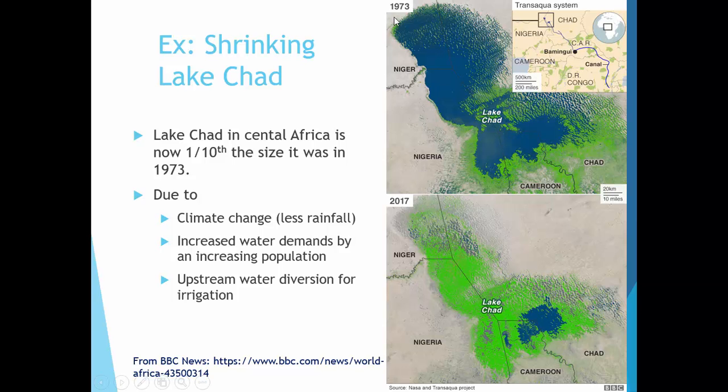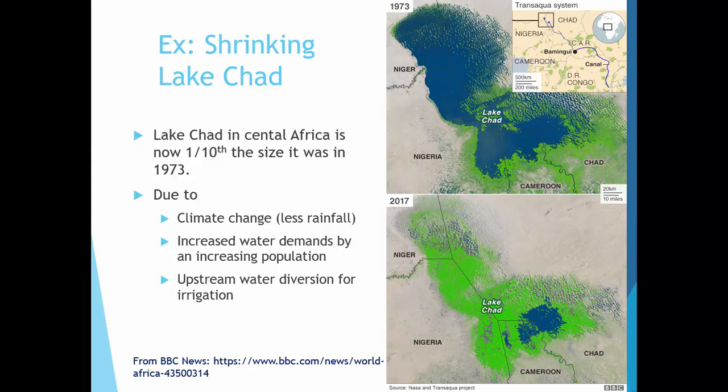You can see in 1973, this lake really did straddle Nigeria, Cameroon, and Chad. But now the only parts of the lake that are still a lake, that have the blue in the map, are in Cameroon and Chad, and so the other two countries have kind of lost out on that lake habitat.